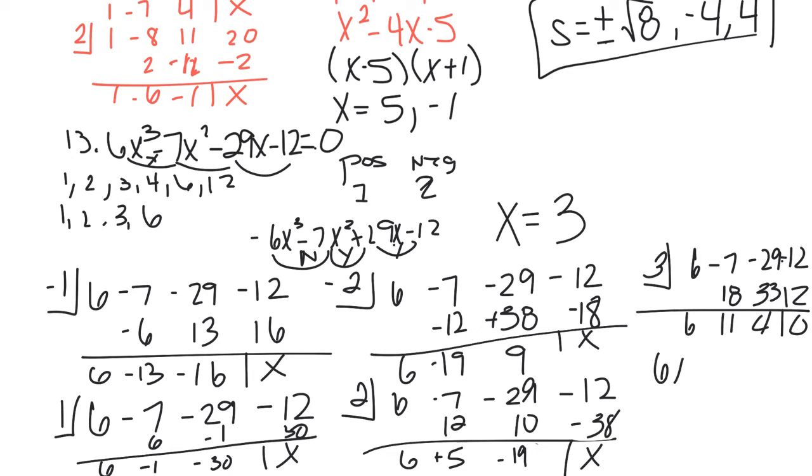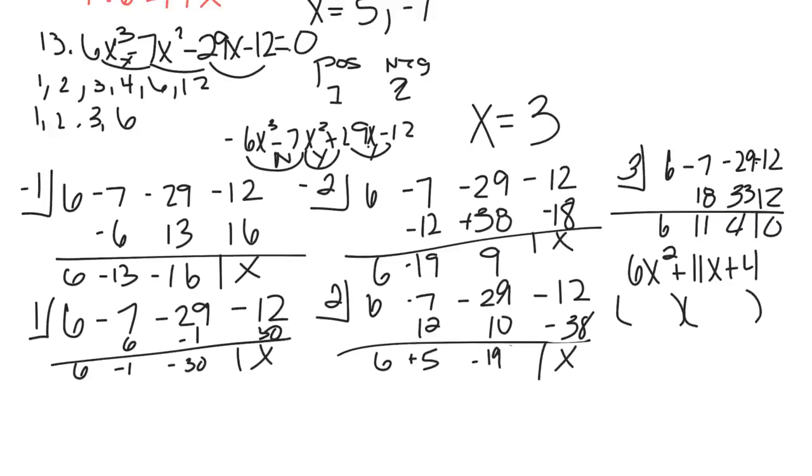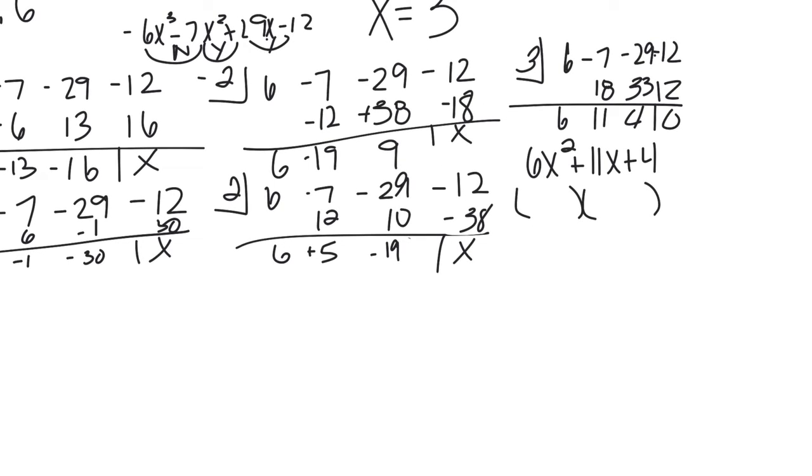and we have 6x squared plus 11x plus 4. So let's see if we can factor that. That's going to be 6x and x. Let's try 4 and 1. That gives me 24x and 1x.